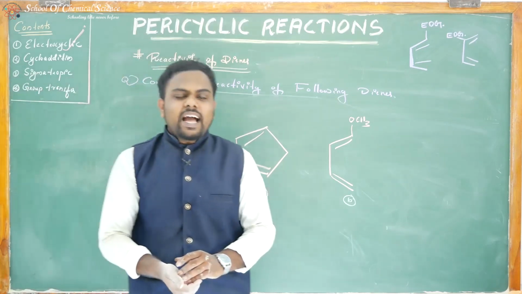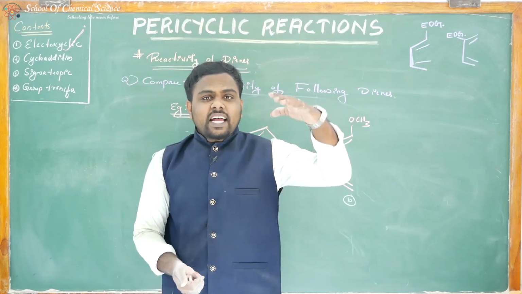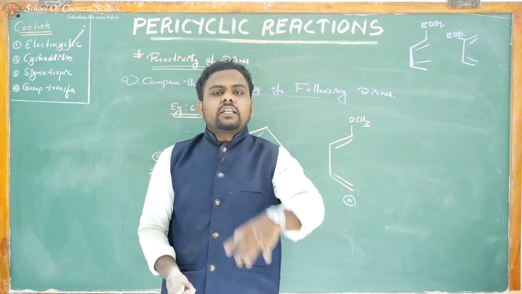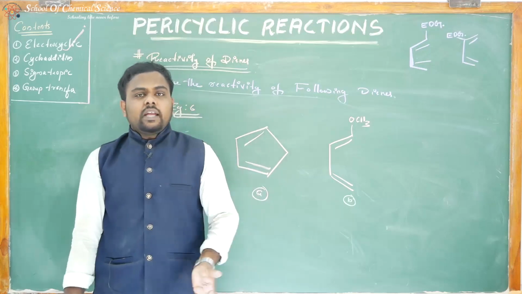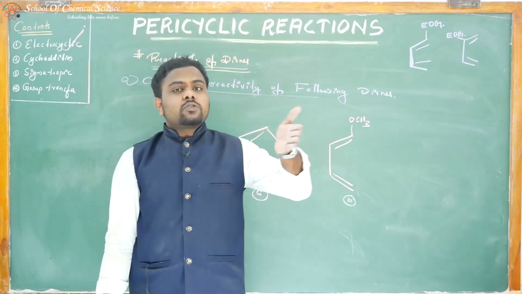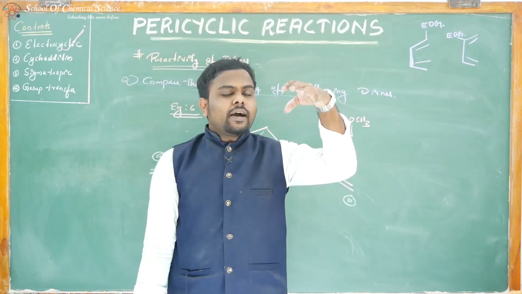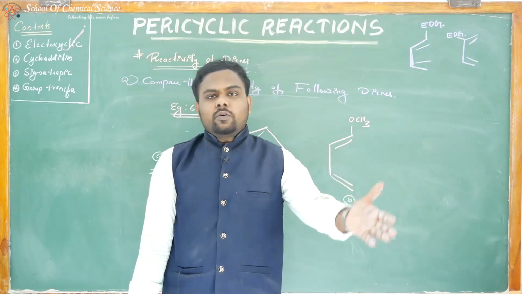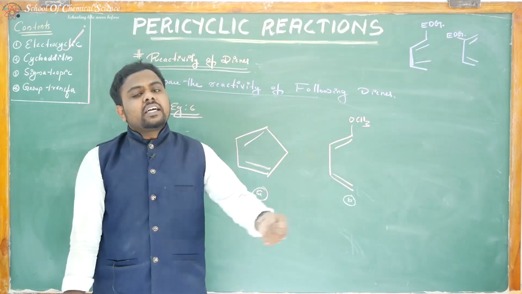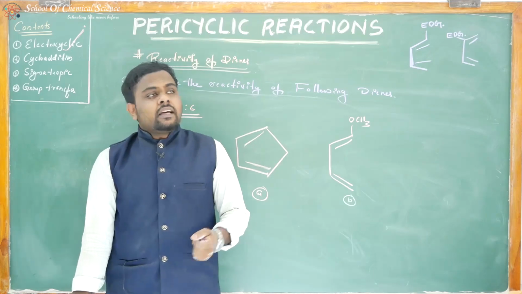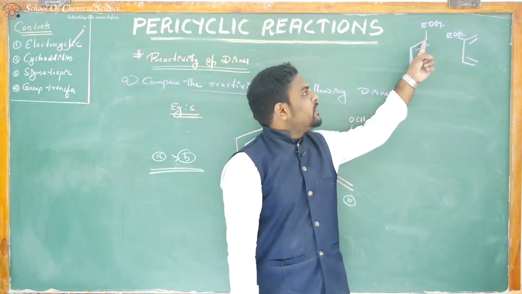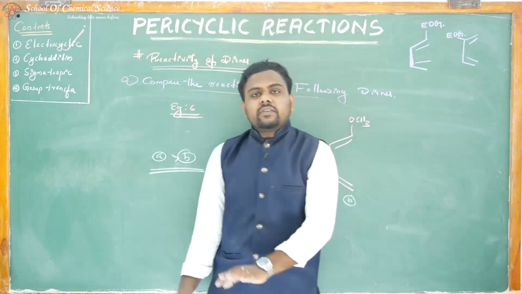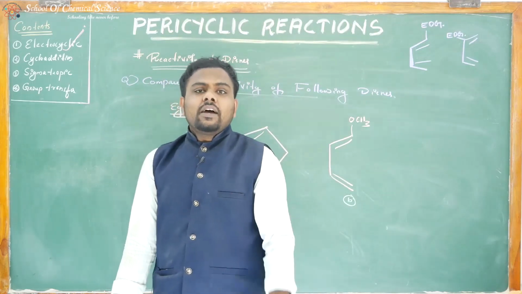So that is about the reactivity of diene. Whenever an electron donating group is present in the diene, it will be more reactive. Give more importance to mesomeric effect, that means group having lone pair. Then hyperconjugation. Okay. Withdrawing group decreases the reactivity. Then an electron donating group in the first position will be more reactive than second position due to extended conjugation.